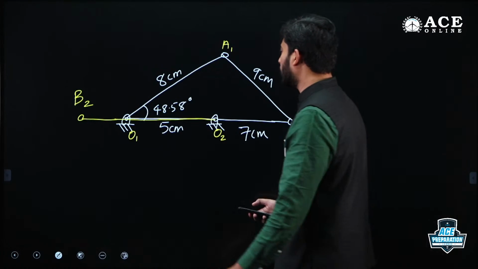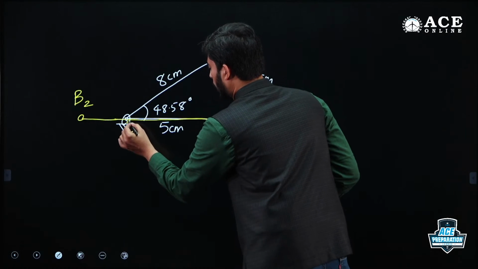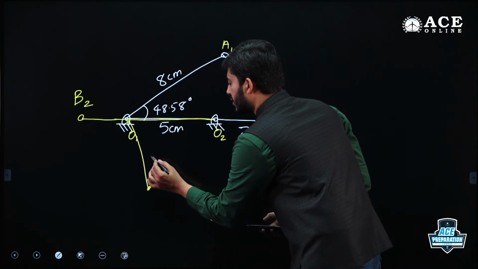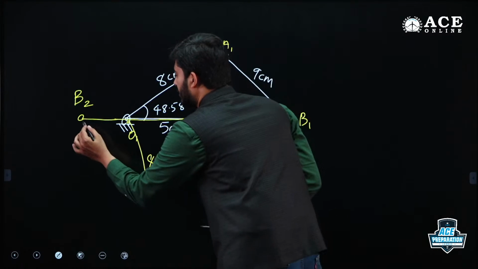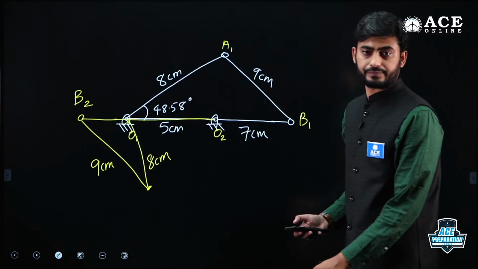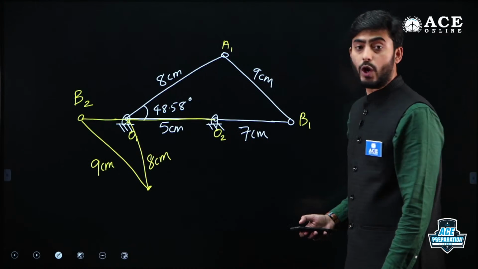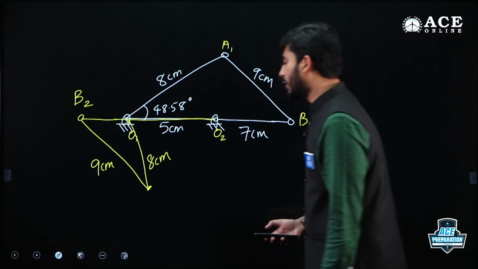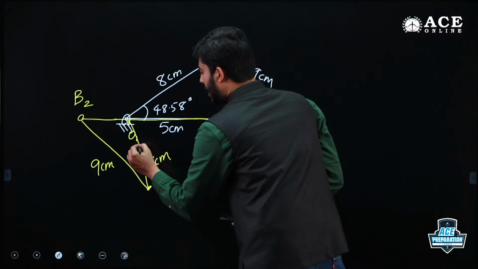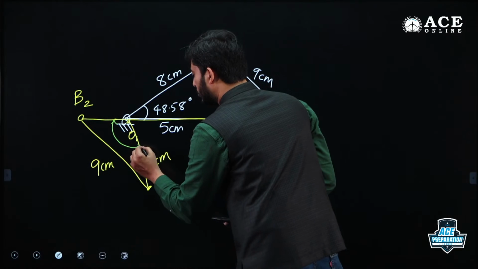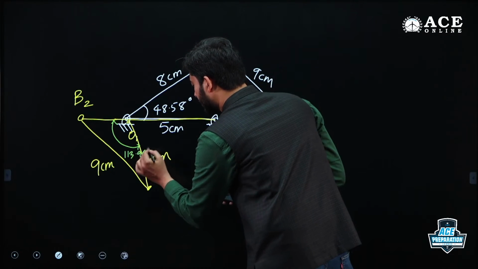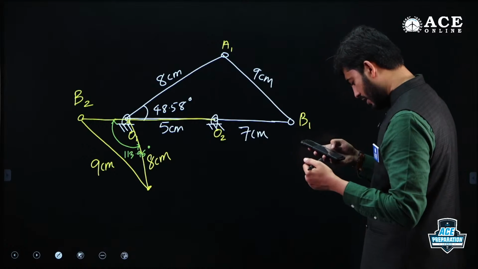Now here the input link will be taking some orientation like this, whose length is 8 centimeters, and this is 9 centimeters, right? Now, guys, what will be the forward stroke? This angle you have calculated to be 113.96.